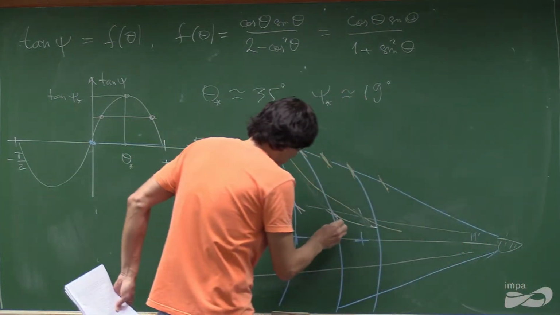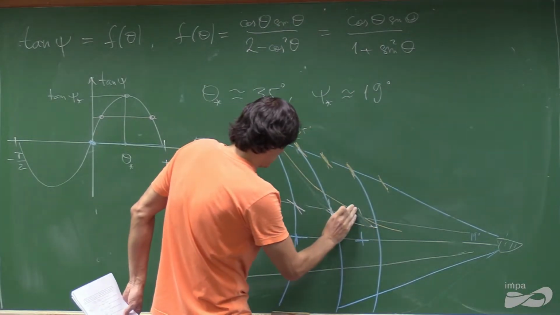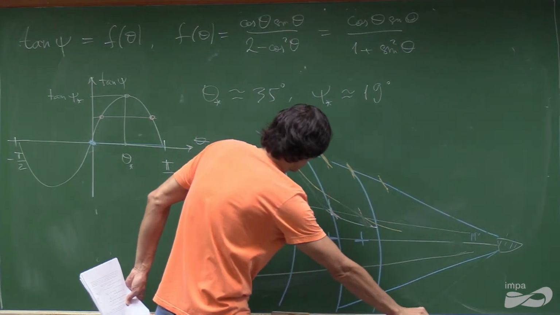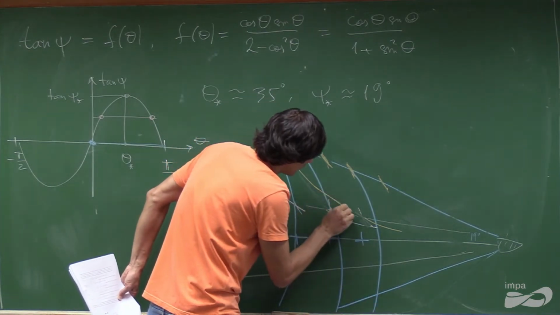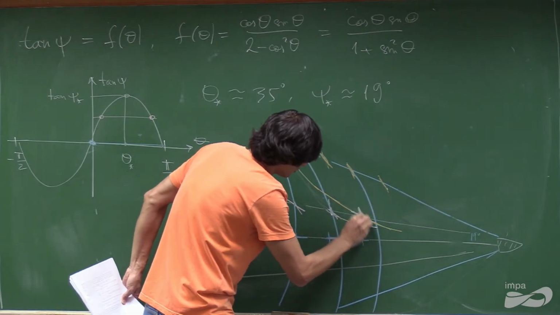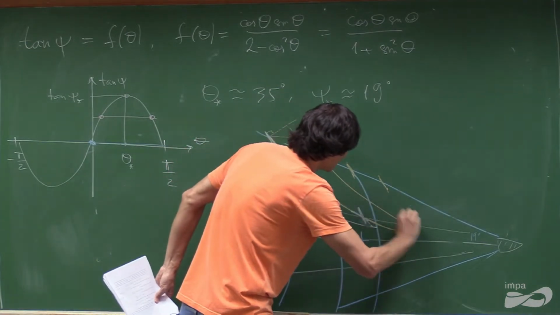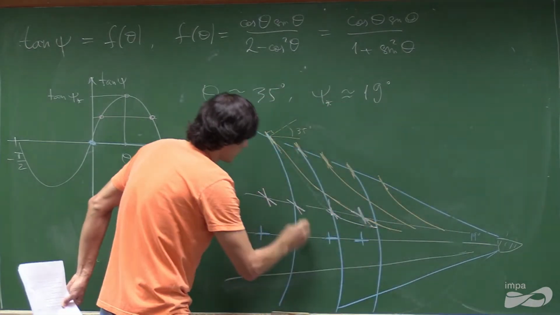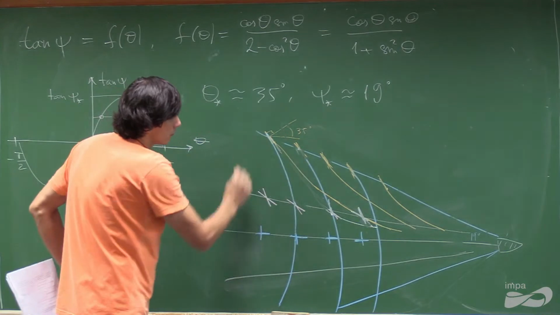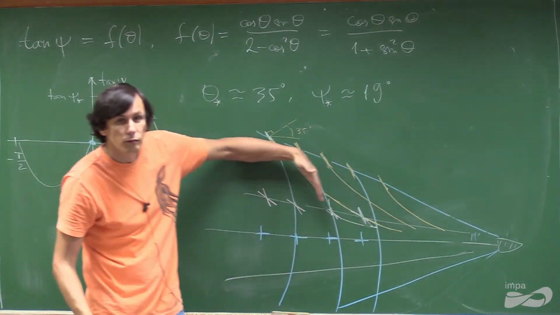One direction is this, and this is another direction, right? So you get another family of curves which you can observe.